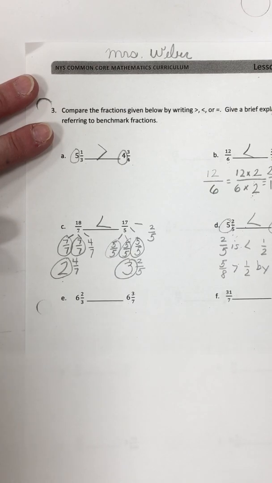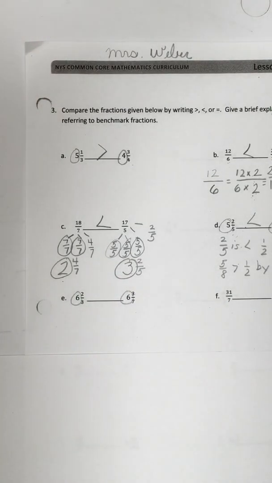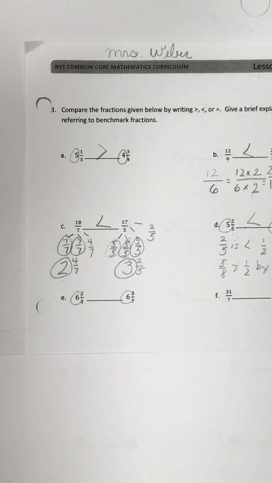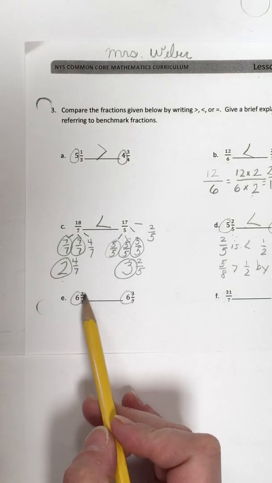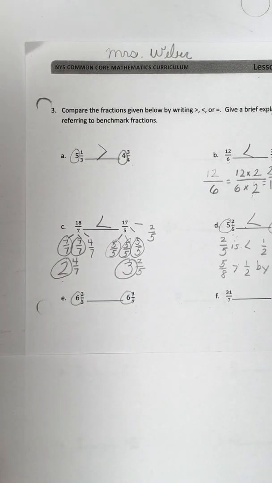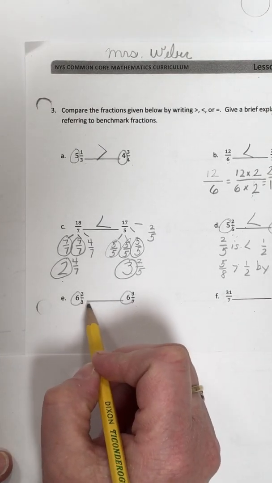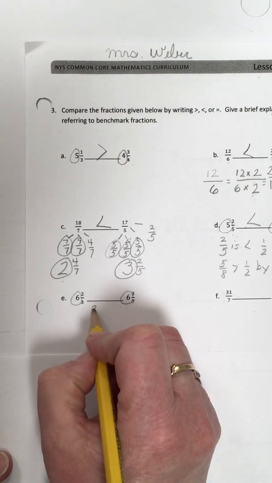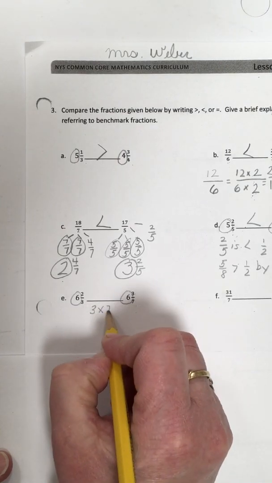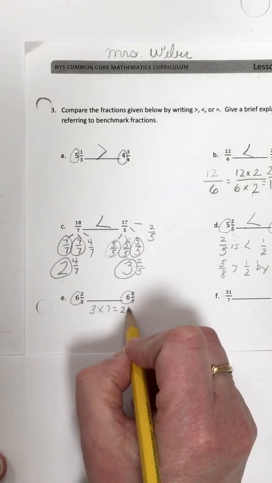They're mixed numbers. When I look at the whole numbers, they're the same, so that doesn't help me. When I look at the numerators and the denominators, they're all different. So what I'm going to do is take the two denominators and multiply them together. When I do that, 3 times 7 equals 21.